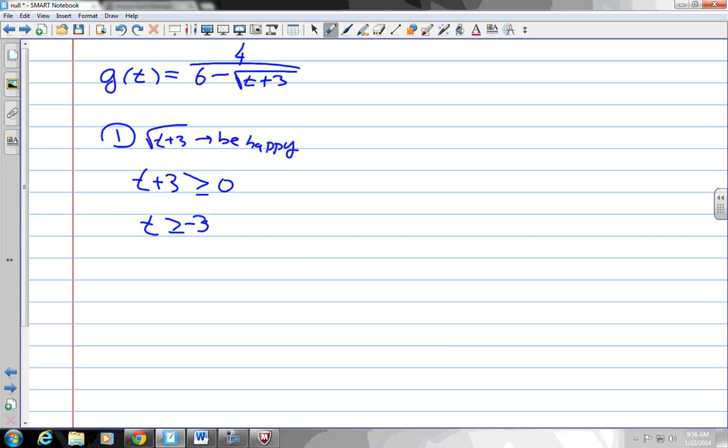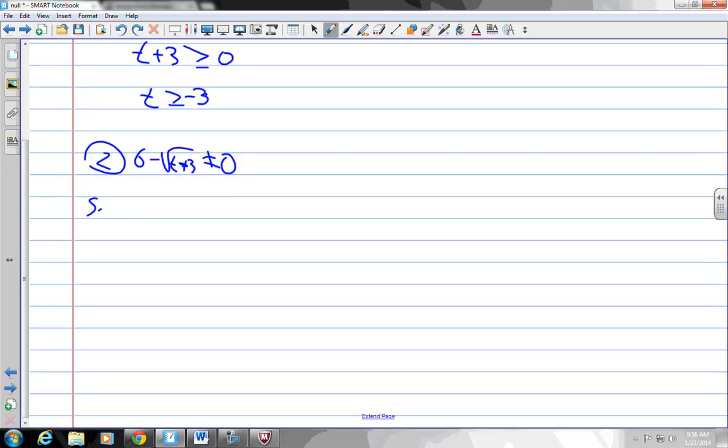But also, 6 minus the square root of t plus 3 cannot be 0, right? The whole denominator cannot equal 0. So basically we need to solve this equation, see when it does equal 0, and see what that gives us.